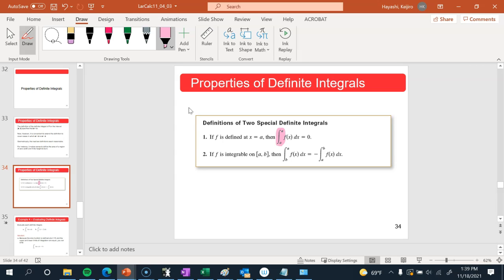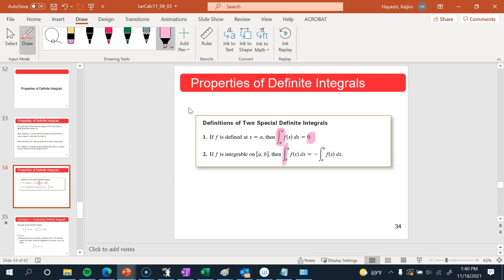So any integral that goes from a to a is 0. If you take an integral and it goes from 1 to 1, well, it goes nowhere. It collects no area at all. Same as if you take the integral from 5 to 5, or the integral from 4 to 4, there's no area collected at all.